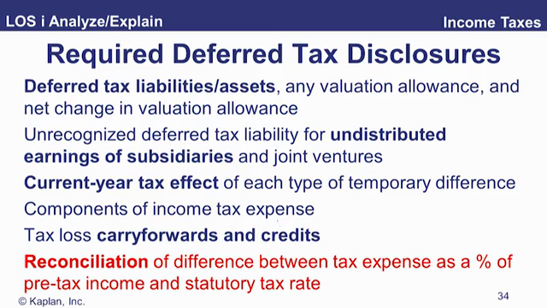Carrying on with our disclosures, note the items that need to be shown. The total deferred tax liability or asset, any valuation allowances, and of course the changes in the valuation allowances. We need to show any unrecognized deferred tax liabilities for undistributed earnings of subsidiaries and joint ventures.